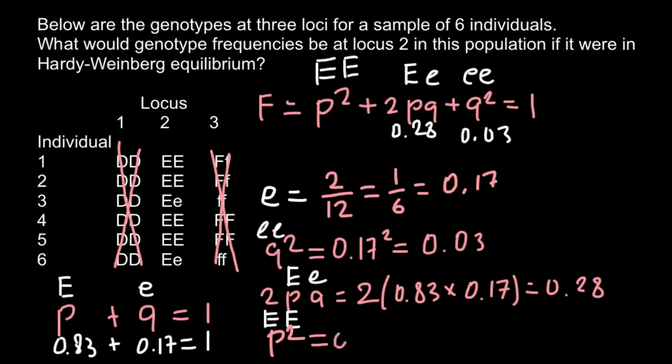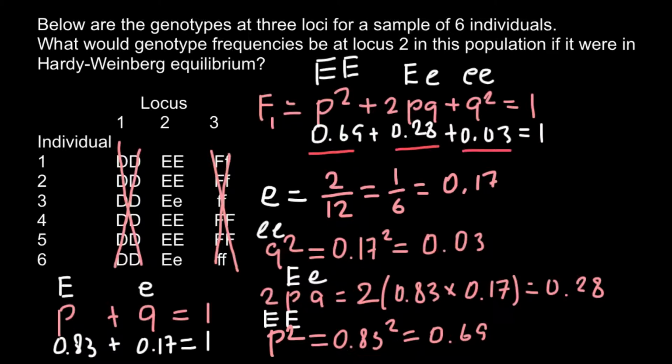So 0.83 squared would equal 0.69. So let's put this frequency also here, 0.69. And when we add all these three numbers, we are going to get 1. So our calculations are correct, and this is going to be the frequency of the three genotypes in the F1 generation. So these are our three answers for three genotypes.